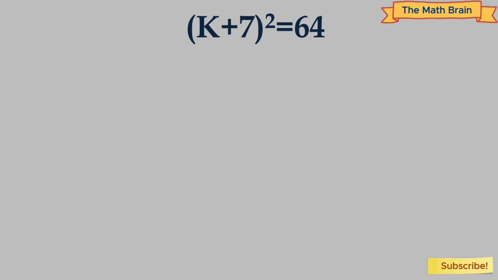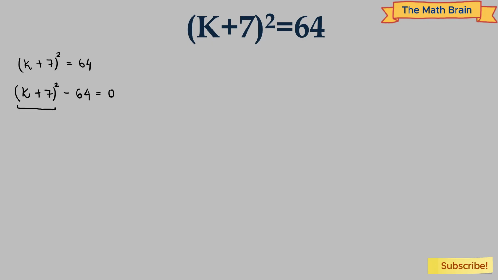And another method is (k + 7)² = 64. (k + 7)² − 64 = 0.